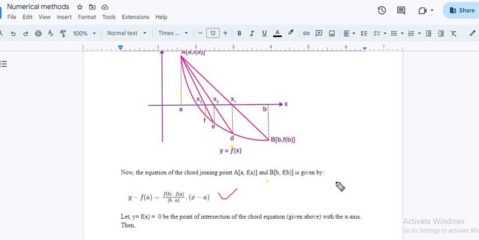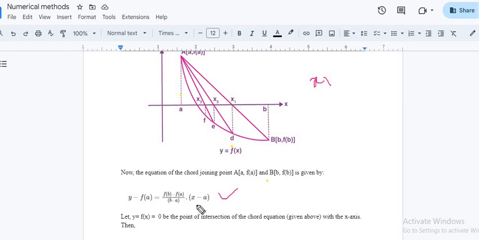Now we need to consider a point where the function value is equal to 0. In this graph, it shows that for x equal to x1, the function value becomes 0. This will give us the solution point where the function is equal to 0.